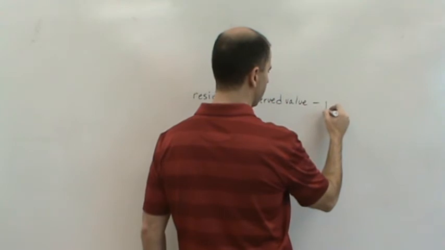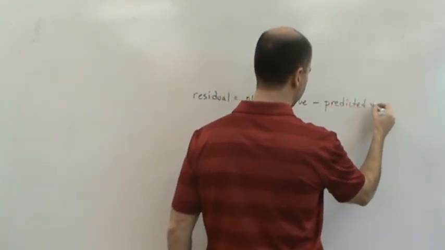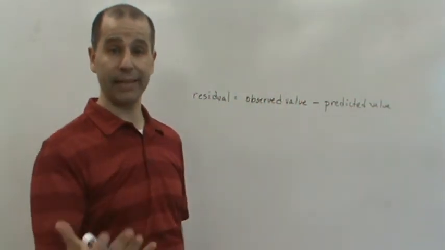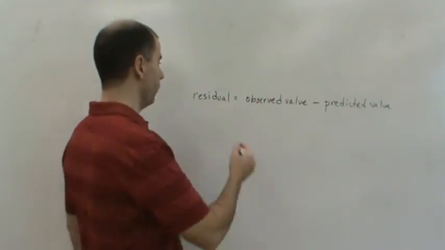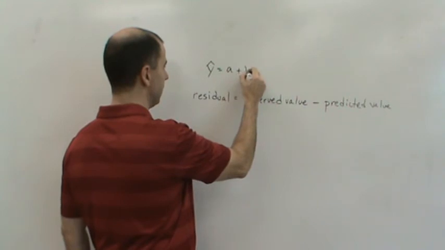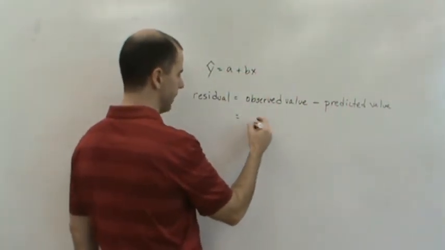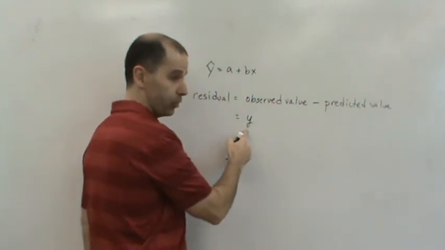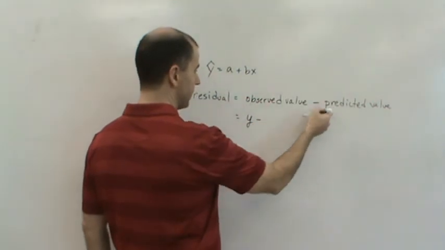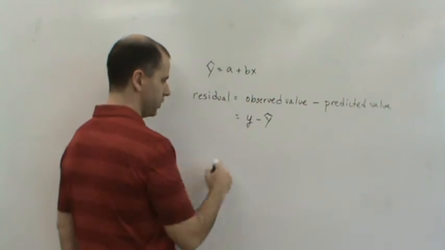The predicted value is just y hat, based on the regression equation, y hat equals a plus bx. The observed value is just your y, the observed value in your y data, minus the predicted value, which is y hat. This is what we call a residual.